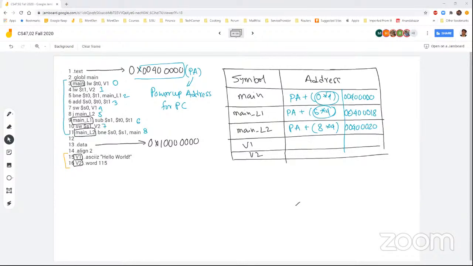I have a question. If we look at the label main, in that one line we have the symbol and the instruction. Do they take separate memory addresses in the RAM, or the same? No, labels are just symbols.